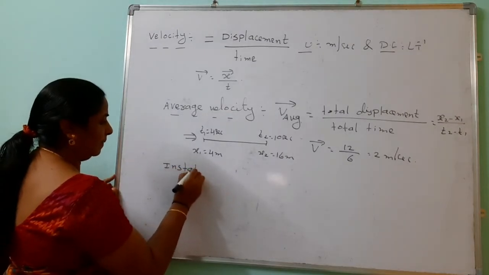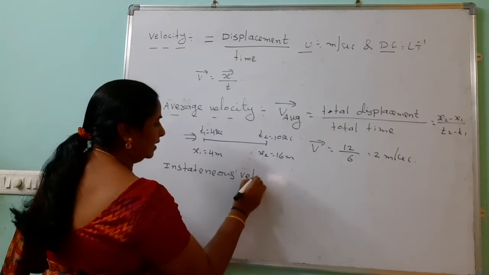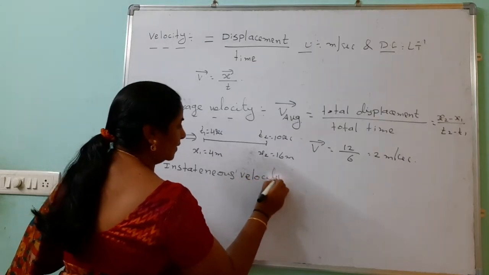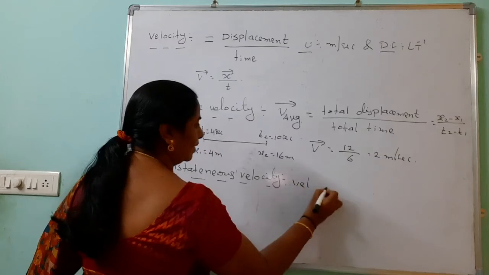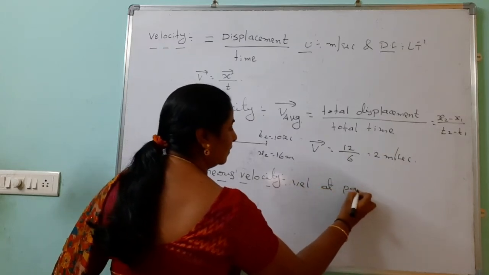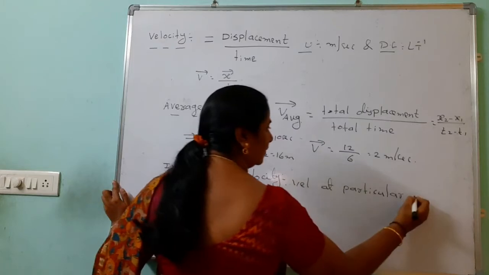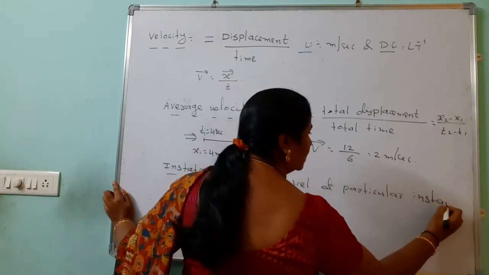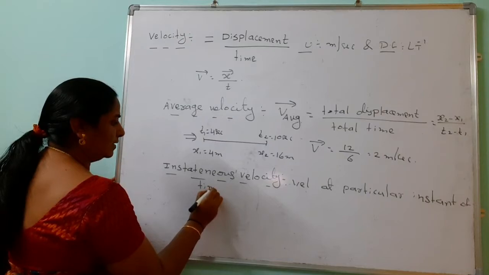The next thing is the instantaneous velocity. What is instantaneous velocity? Velocity at a particular instant of time is called instantaneous velocity.